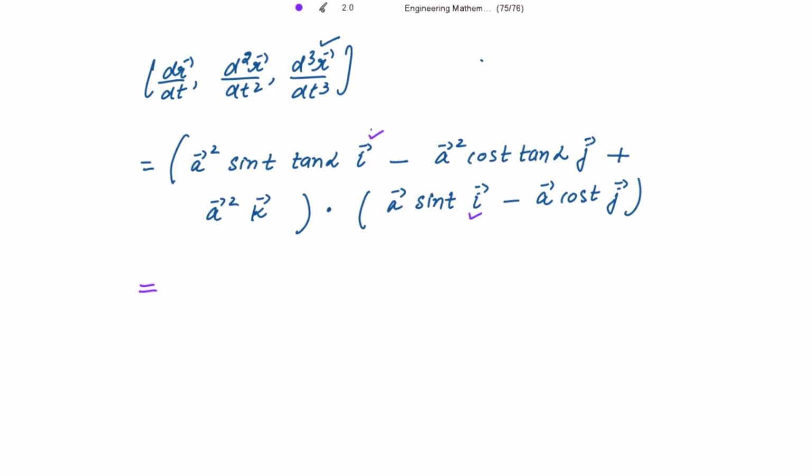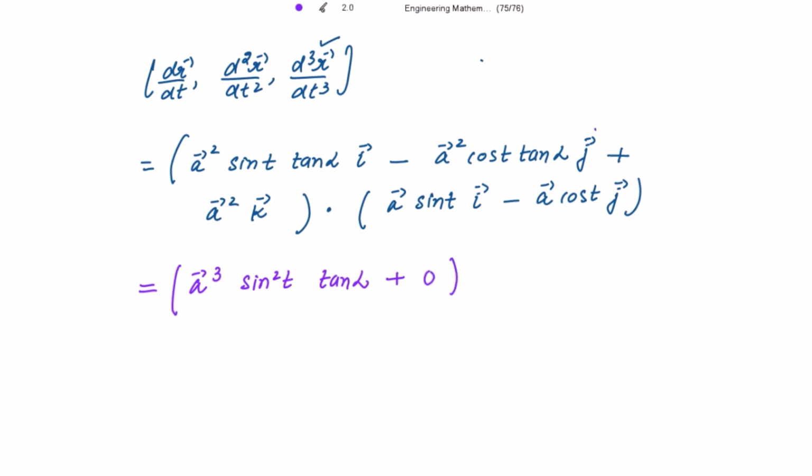When taking the dot product of i vector with i vector, we get 1 and multiplying these two, so we have a vector cube sine square t tan alpha. Taking the dot product of i vector with j vector, that will be 0. So there is no need to multiply these two. Just take this value to be 0.